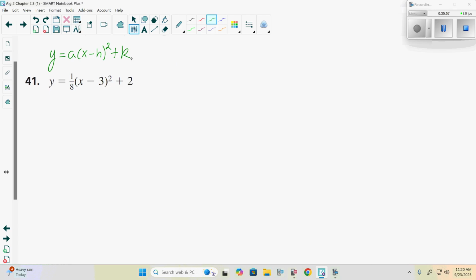Now, unlike from the vertex, directrix, focus that gave us p, and we use p to find a, this one time we're given a, and we'll need it to find p. So looking at this here, what's the value of k in this equation? 2.